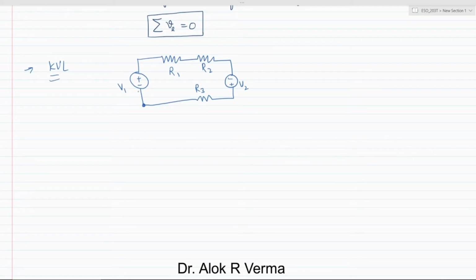Now starting from this point, if we say the rise in potential is positive, we'll write the assumption: we assume that the potential rise is positive. Like in KCL, we have written that entering the node is negative and leaving the node is positive. So potential rise is positive and potential drop is considered as negative.